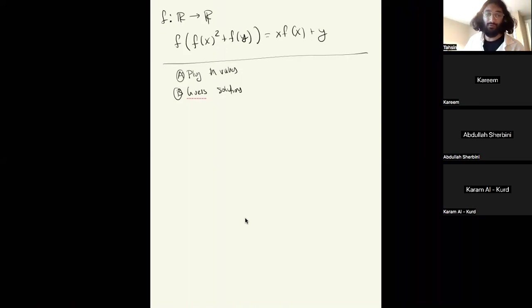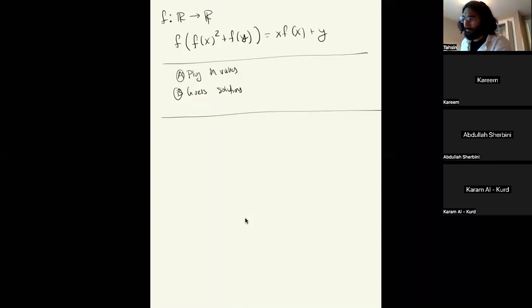Would it be useful to go over this one, or maybe we can skip it? I'm not sure. Yeah, I think we can skip it. Okay, good. You just prove it's an involution. Maybe you guys already know the idea, so maybe we can move on.